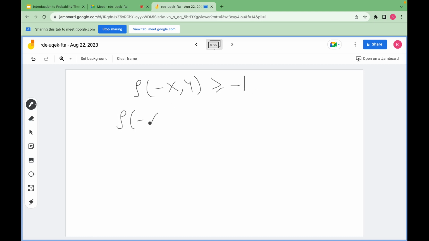But rho of minus x comma y is nothing but minus rho xy. In the start of the lecture we saw this relation. So therefore rho xy is always less than or equal to 1.